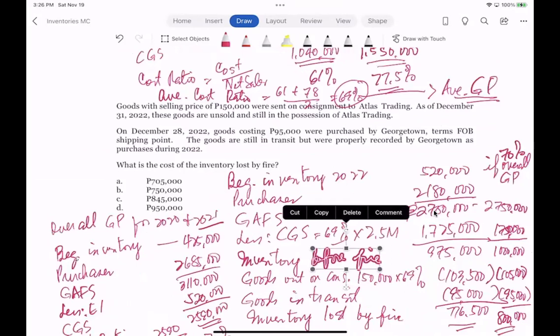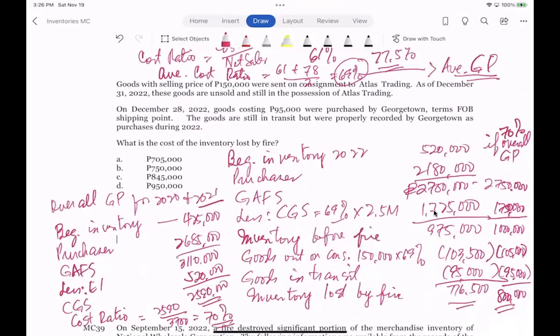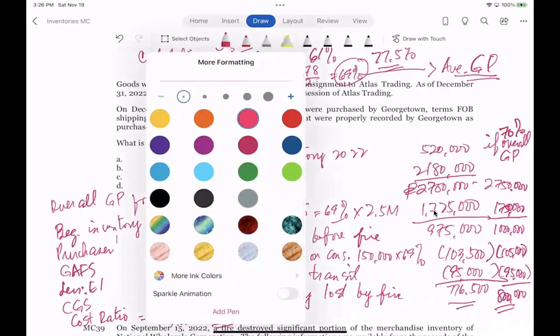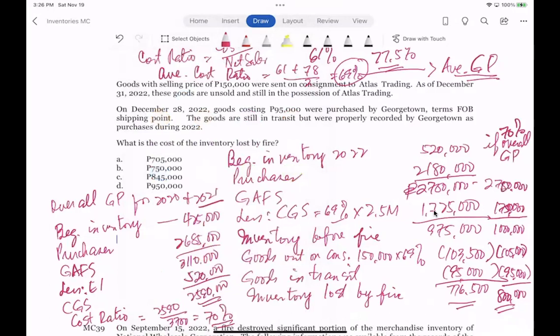No, this is 2,700,000. Okay, so allow me to correct. So this is 2,700,000 again. 2,700,000 minus 70% of 2.5 million. So 2,500,000 times 0.7 is 1,750.